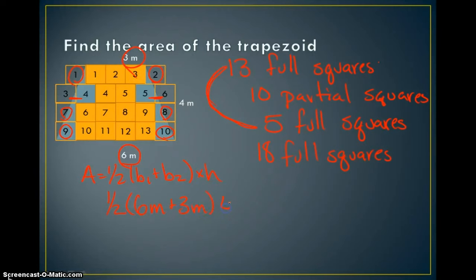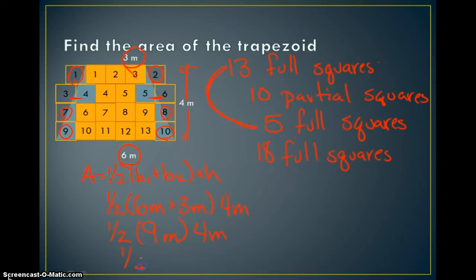And my H is the 4 meters. And that 4 represents a line that goes from the top to the bottom and forms a right angle with each of these bases.